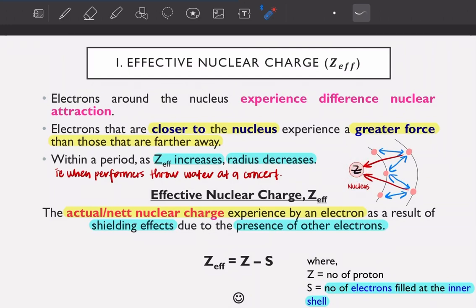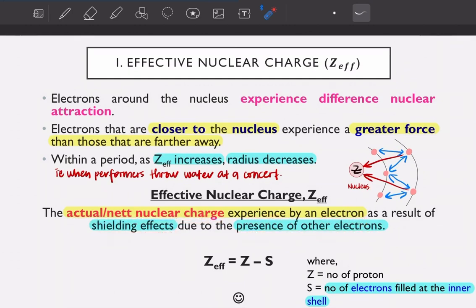Effective nuclear charge is the actual or net nuclear charge, nuclear charge yang betul-betul experienced by an electron, as a result of shielding effects due to presence of other electrons.